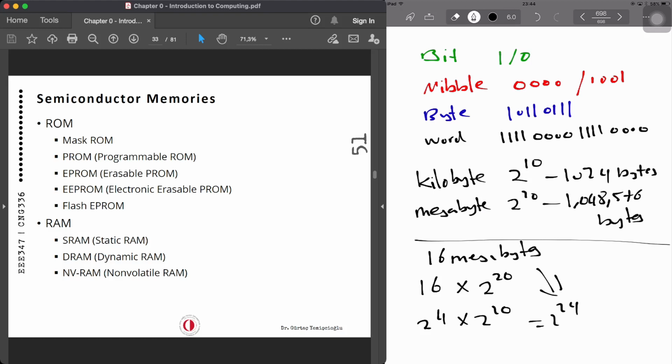We call them volatile memories. ROM contains the programs or maybe some important information related to the devices or the computer. The data is permanent there and cannot be changed by the user, and you don't lose it when the power is off. So we call them non-volatile memories.